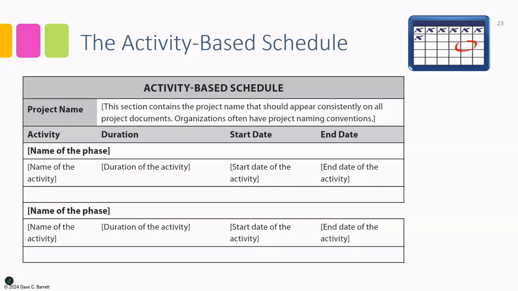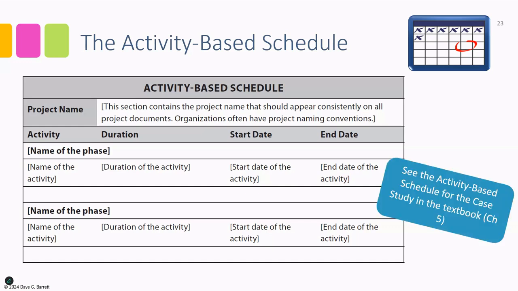So it has timing information. And those are things that would be derived from the network diagramming process and the definition of when things should happen based on key dates and dependencies and so on. So it's much more detailed, and you can see an example of this in the textbook.